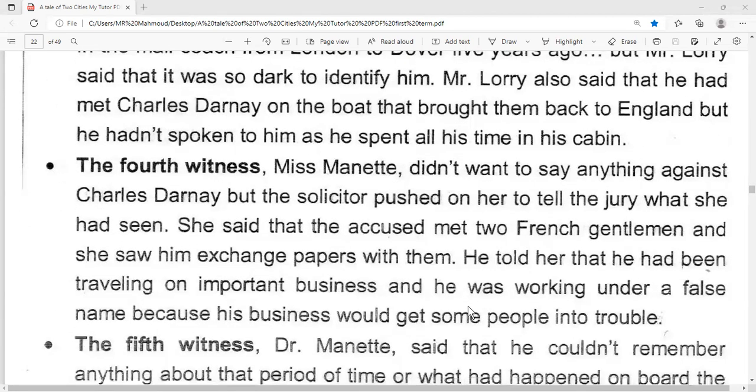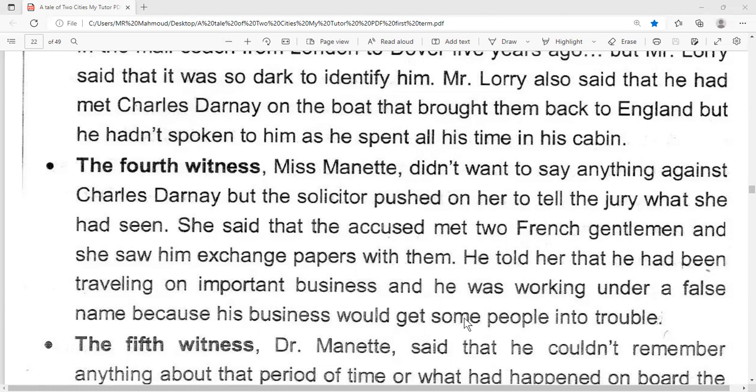The fourth witness, Miss Manette, didn't want to say anything against Charles Darnley, but the solicitor pushed her to tell the jury what she had seen. She said that the accused met two French gentlemen and she saw him exchange papers with them.